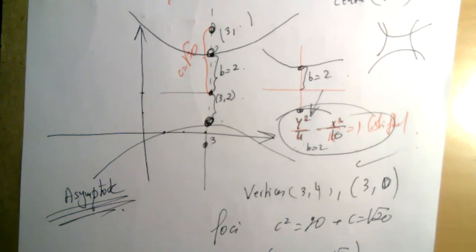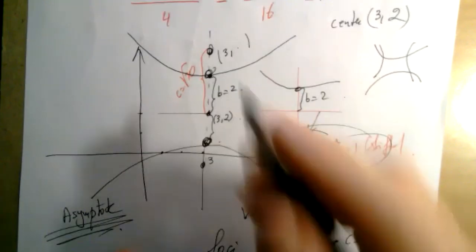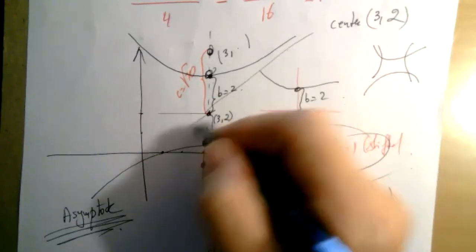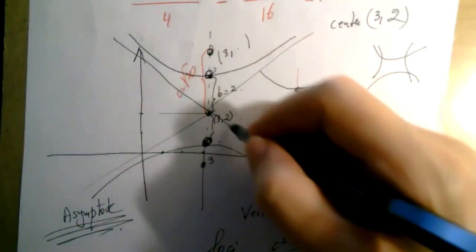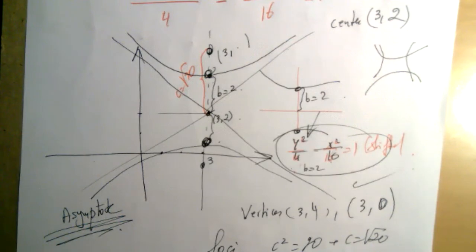How do you think I'm going to find the asymptote? These are the asymptotes. How can I find them? They are lines. Agree with me?